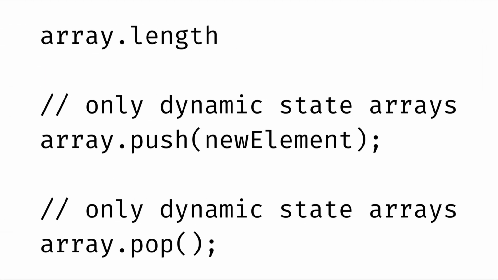You have 3 additional members on array types. First, you can just get the length of any array by using .length. And if your array is in the state and dynamically sized, you can also use push and pop. With push, you can append a new element to the end of the array, and with pop, you can delete the last element.